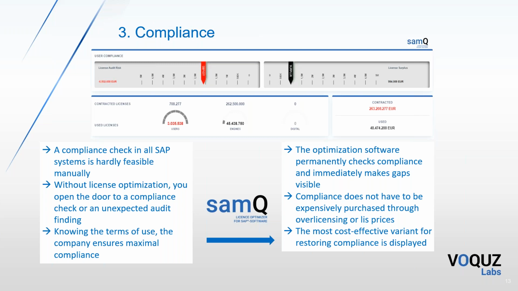Optimization software permanently checks compliance and makes the situation visible. When you are aware of your situation, especially of your surpluses, you are in a position to exchange licenses for others where you might have a compliance gap. Not doing this brings you into a situation where after the audit, SAP will just, with a standard process, do a mitigation proposal when it's already too late to discuss license exchanges.